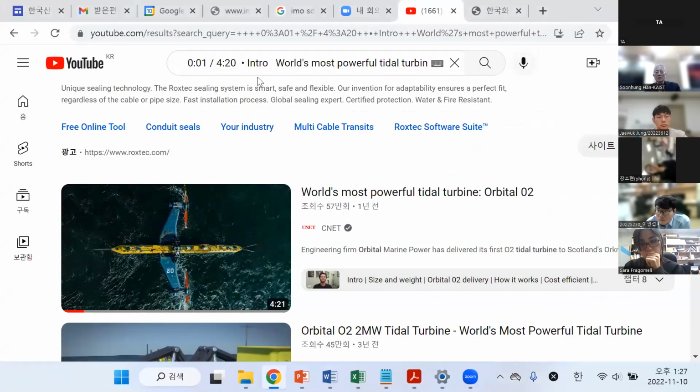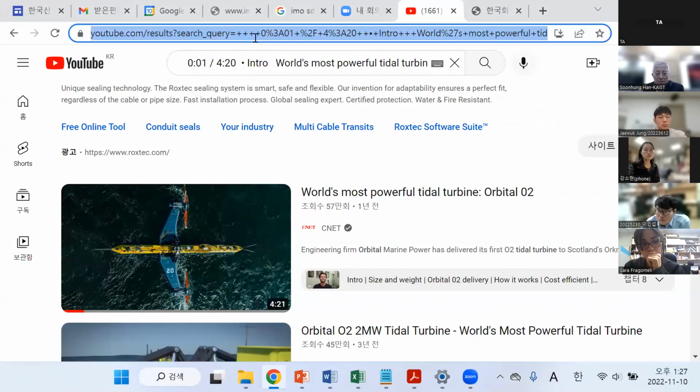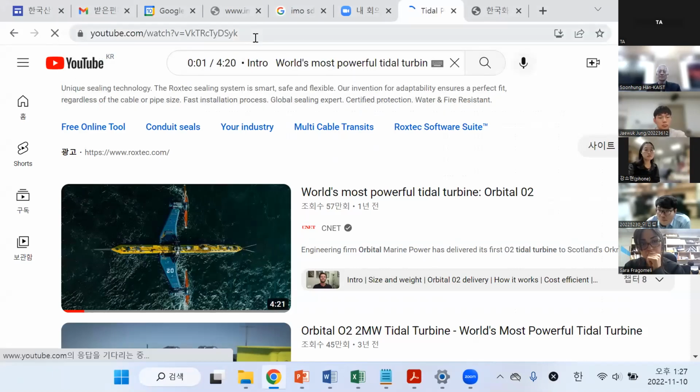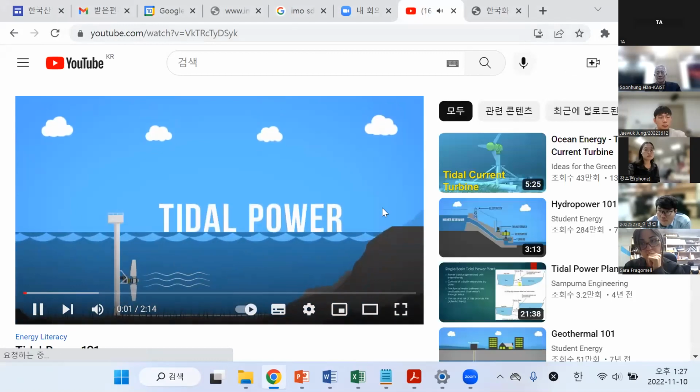And let me see this one. Tidal power. Tidal power is a form of hydropower that converts the energy from the natural rise of... There's something wrong with this. What is this?